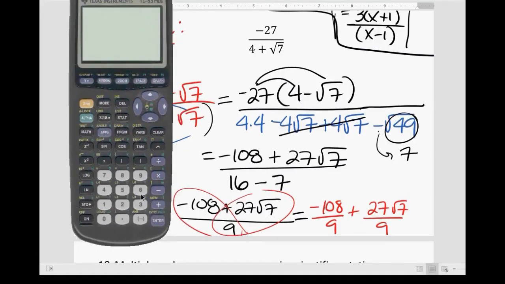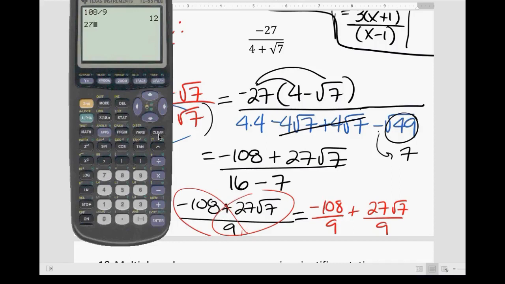Okay, so how do I know if I can simplify negative 108 divided by 9? The calculator can help you with that. So if I were to say 108 over 9, that gives me 12. So that is helpful. Okay?